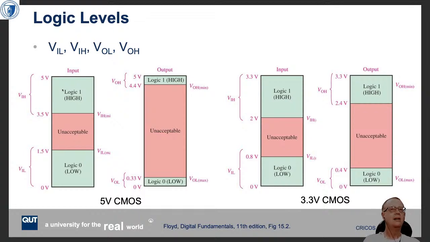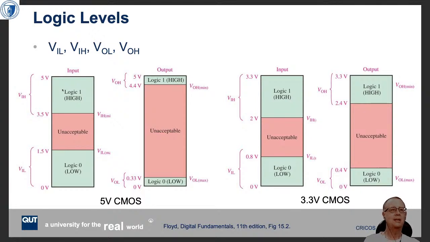Right, and just like we talked about with the Schmitt Trigger, there's a couple of different thresholds, and there's two different things here. The left-hand version of each of these is the acceptable regions on the input, and the right-hand of each pair are the acceptable regions on the output.